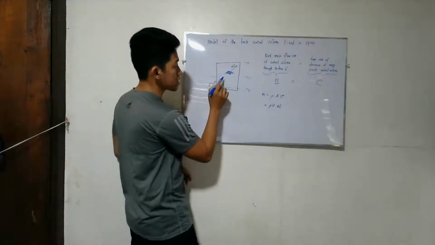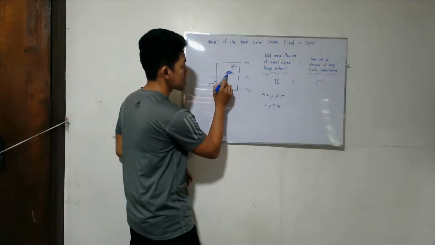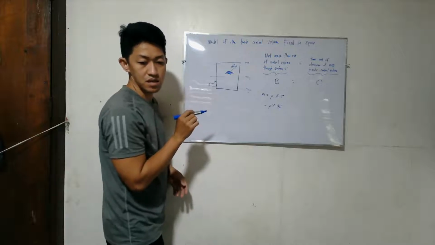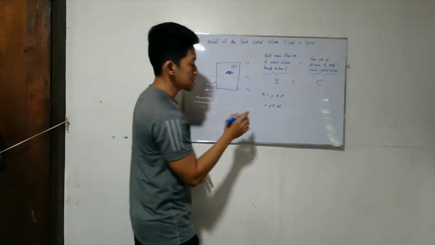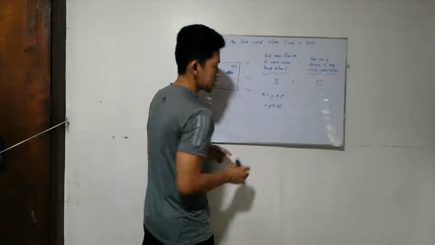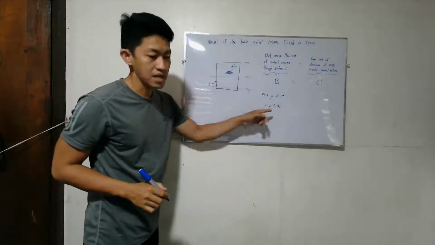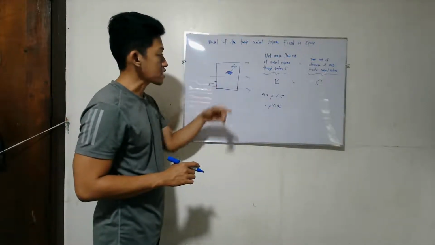Unsa ang mugawas diri ba? Kung unsa ang mugawas diri nga surface. Okay? This is just the dot product of the velocity and the surface area.